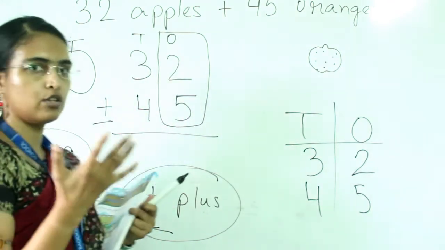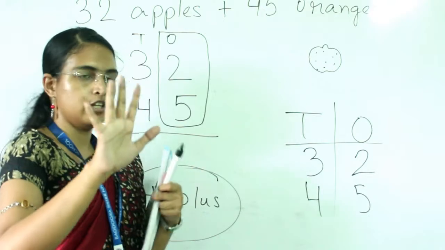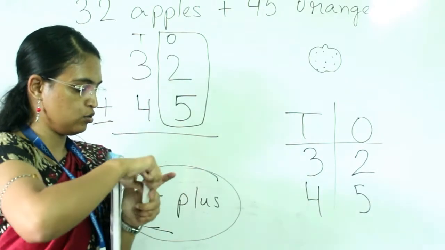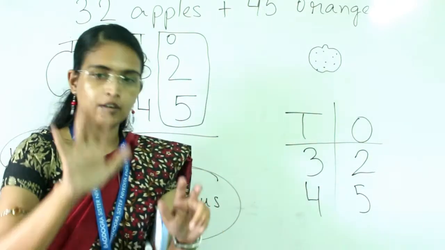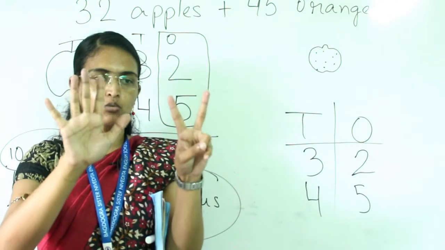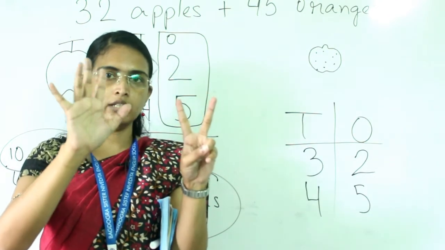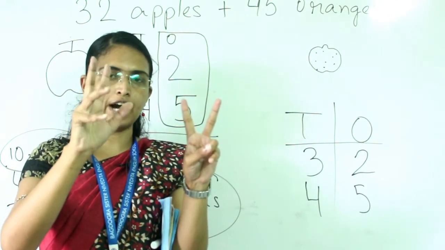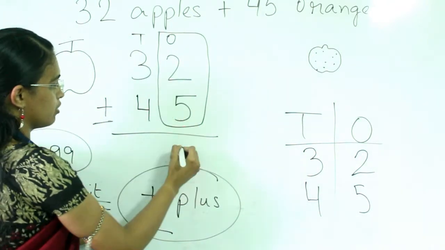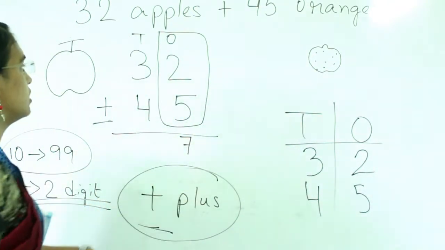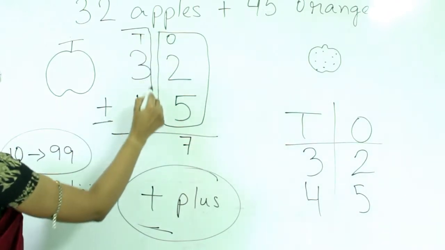Now you can use your fingers. Now this is 5. If you add 2, then what will happen? 5, 1, 2. How many fingers? 1, 2, 3, 4, 5, 6, 7. So 2 plus 5 equals 7. Then we have to add this part.